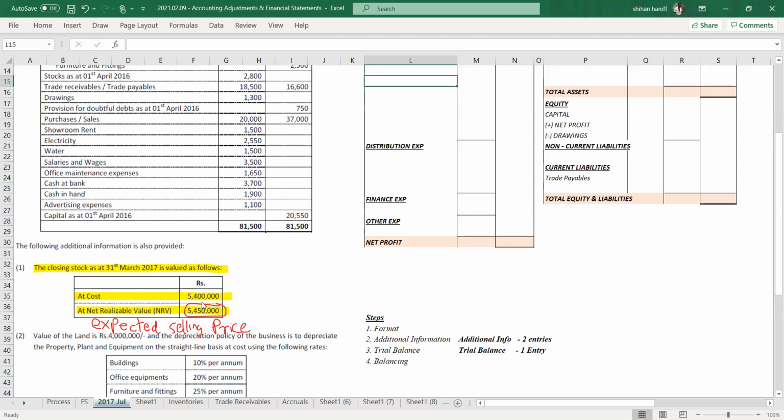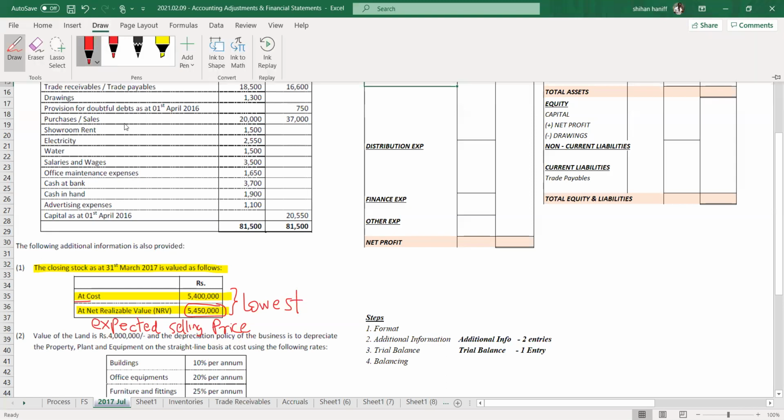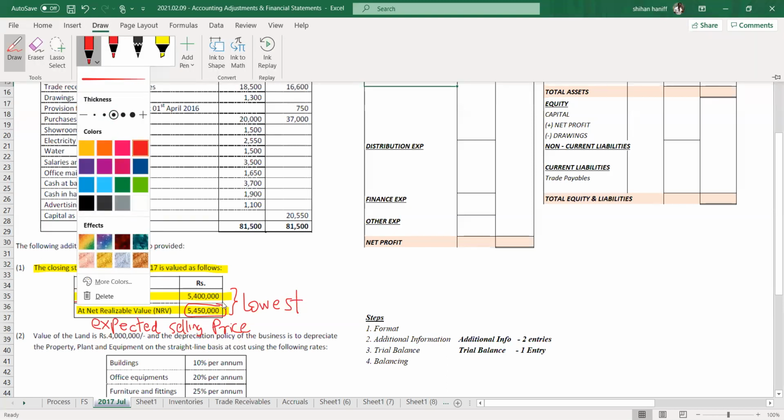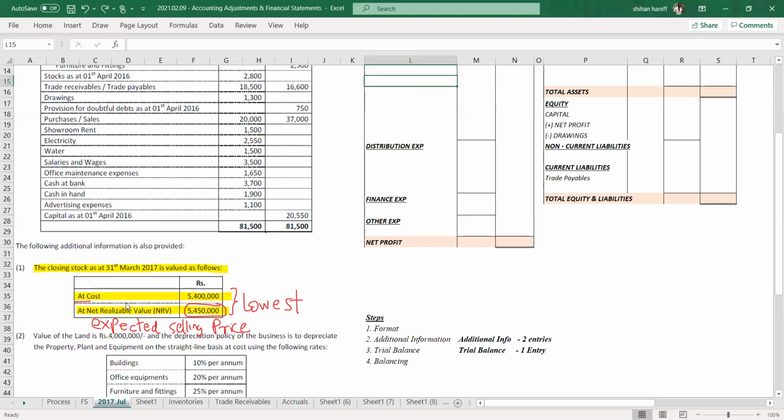So when we take the balances into accounts, we take the lowest into the accounts. So what is the lowest here? The lowest here is the cost. The lowest from cost and NRV is the cost.